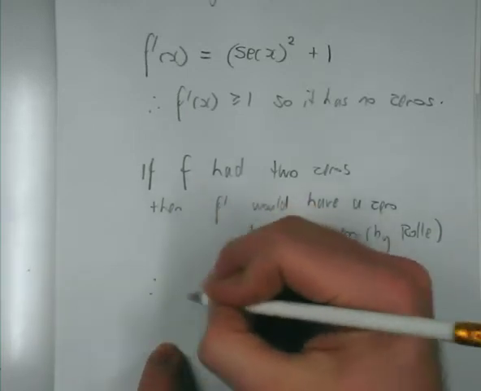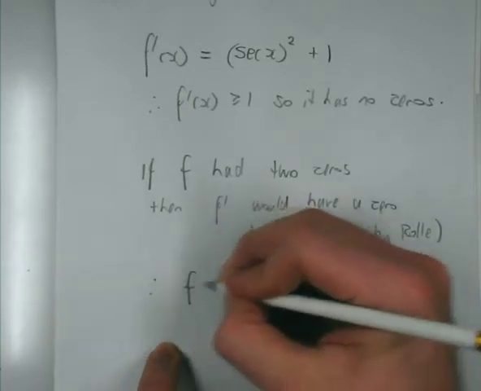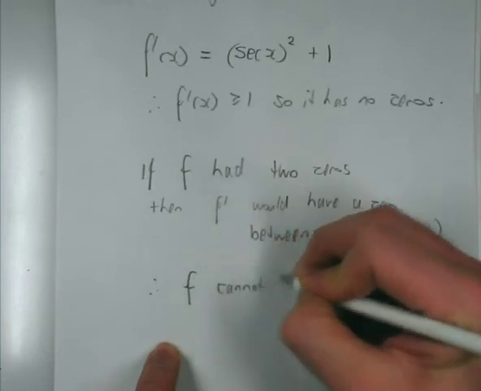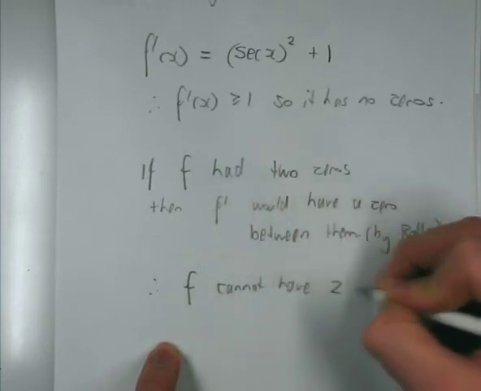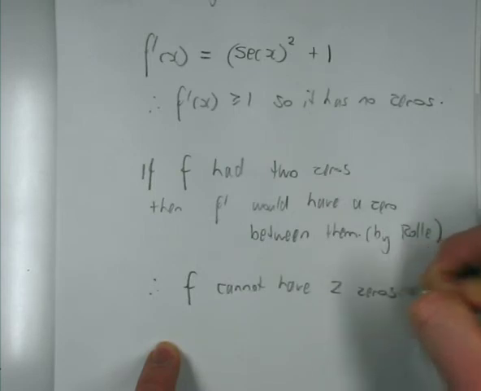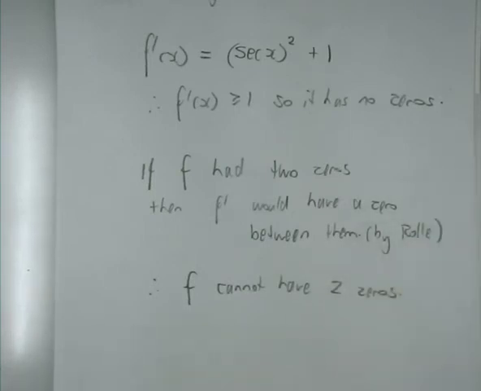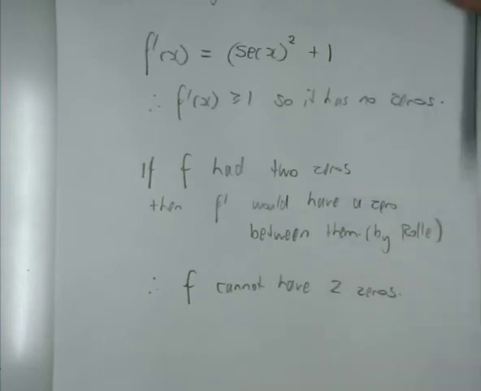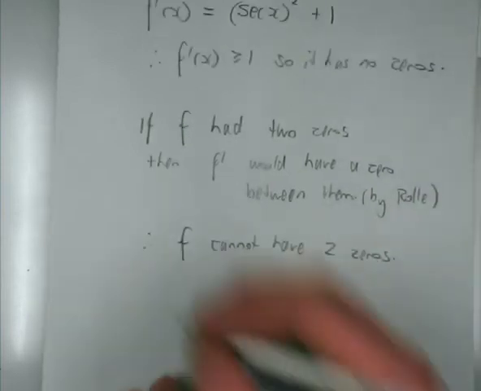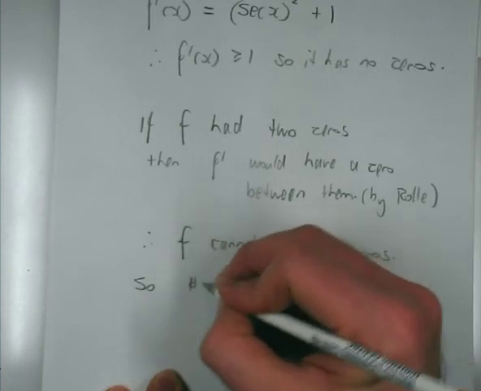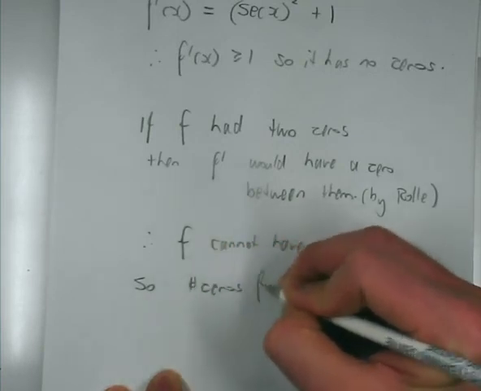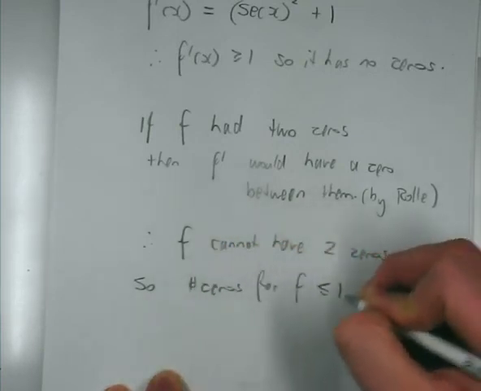So therefore, f cannot have 2 zeros. If it did, f dash would have zeros, and it doesn't have any. So f has at most 1 zero. The number of zeros of f is less than or equal to 1.